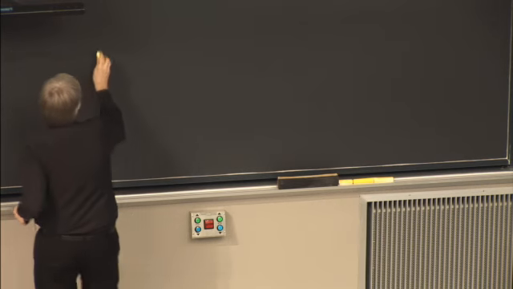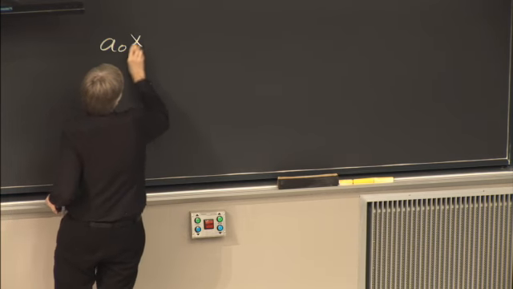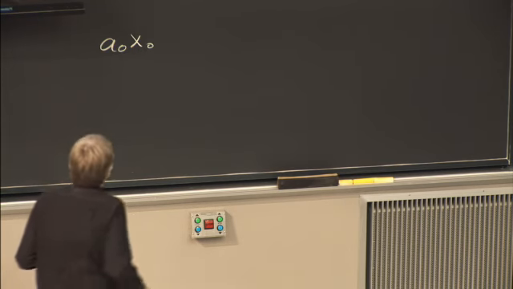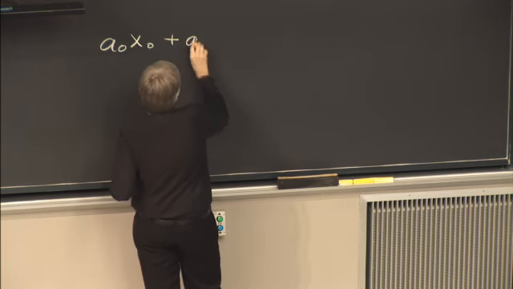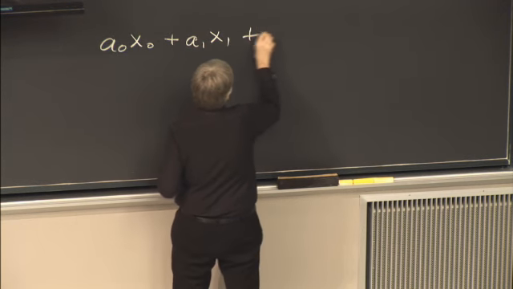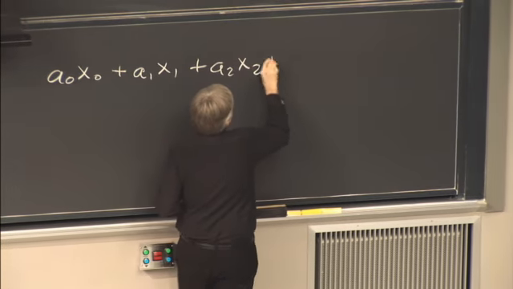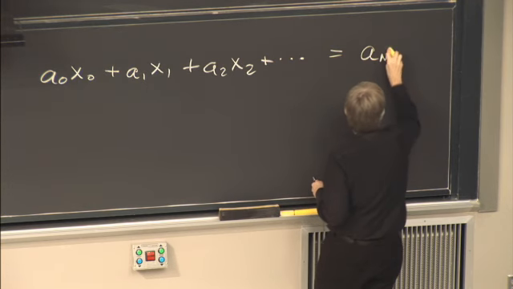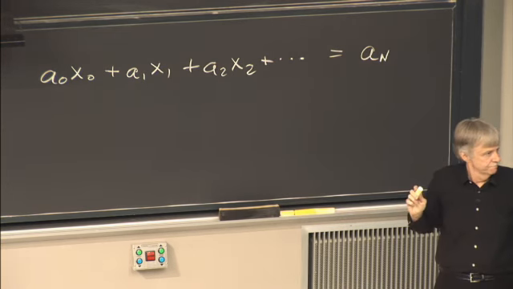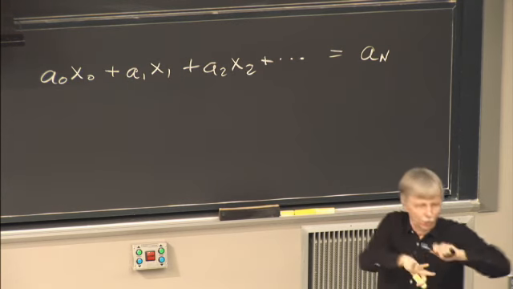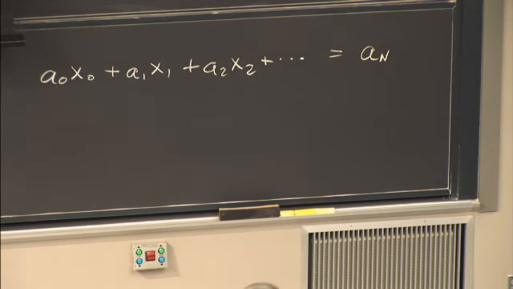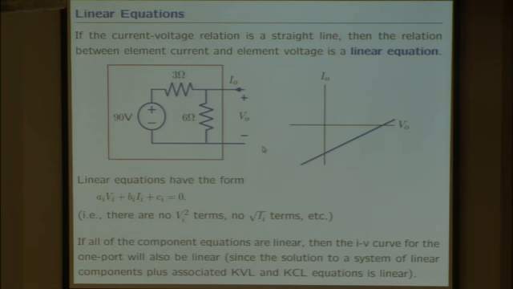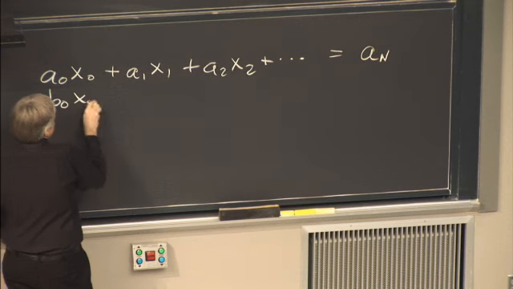So it's going to be something like a0 x0, if x is my unknown. x could be a current or a voltage. And then I might have a1 x1, and a2 x2, and a whole bunch of things, and they all add together to be some constant. That might represent one of the components in the box. Then I would have another component, which would be some other linear equation.